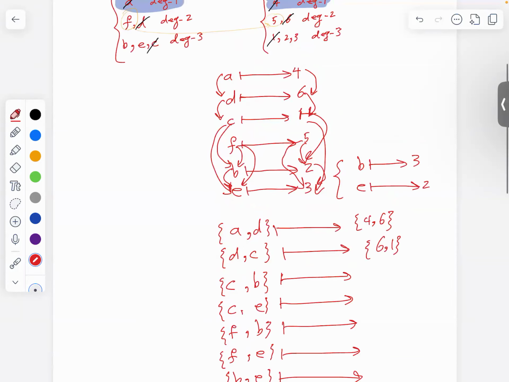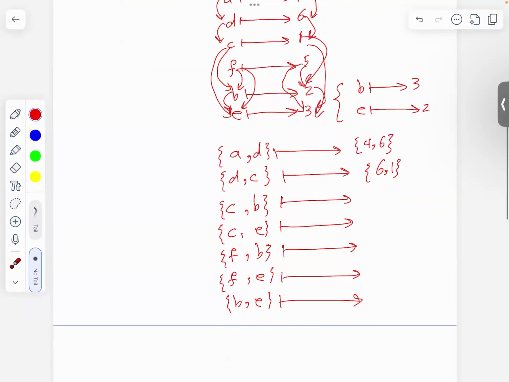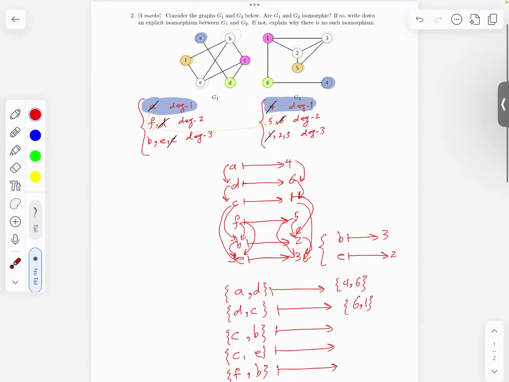It's easy. Just look at the way that I wrote here, and you can complete it. All right.